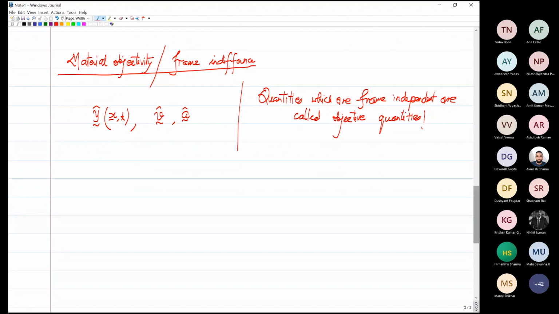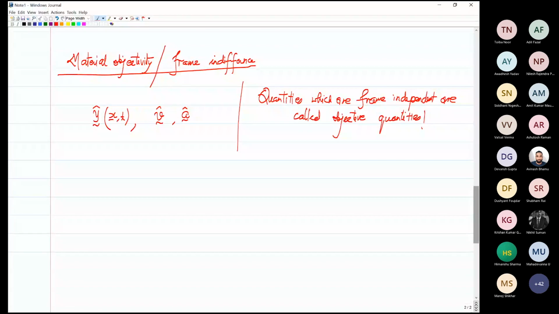But it's just a sentence. We have to come up with some mathematics to say that this is the quantity which will be frame independent, or this is the quantity which is not frame independent. So let's try to derive that mathematical thing.